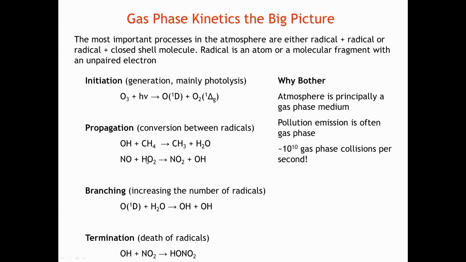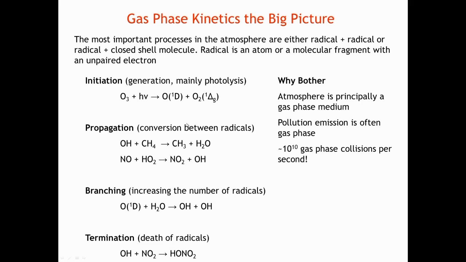So what's that called? It's the hydroperoxy radical. Okay, so hydroperoxy radical, and it produces the OH radical. So here, the OH radical plus methane produces the methyl radical plus water. Here, NO plus the hydroperoxy radical produces NO2 plus the hydroxyl radical.